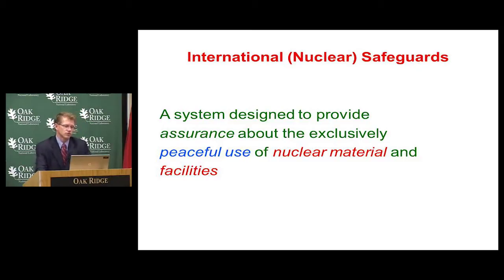So by international safeguards, again, this is a system designed to provide assurance that nuclear materials and facilities are being used only for the peaceful purposes that they've declared to be. I want to emphasize again, safeguards are not to prevent activities from taking place. They are there to provide the assurance that they are taking place as declared.